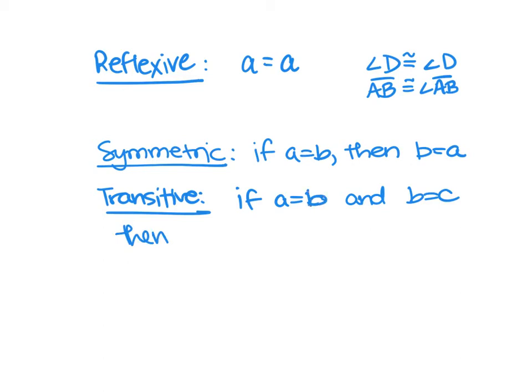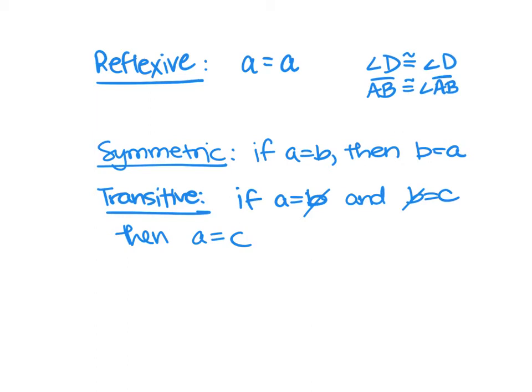If A equals B and B equals C, it's almost like these two middle guys cancel, then A equals C. That's the transitive property. So that's like if I said, I have the same eye color as my father, who has the same eye color as my grandfather, then I have the same eye color as my grandfather. So it's like that middle person kind of gets canceled out.